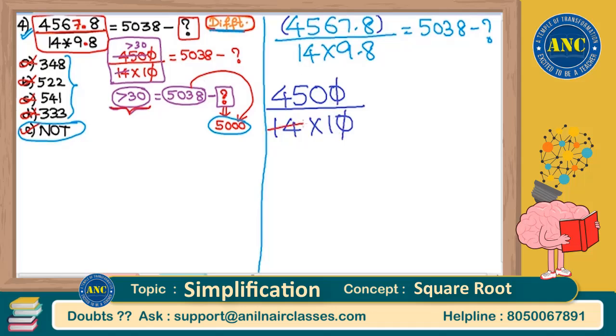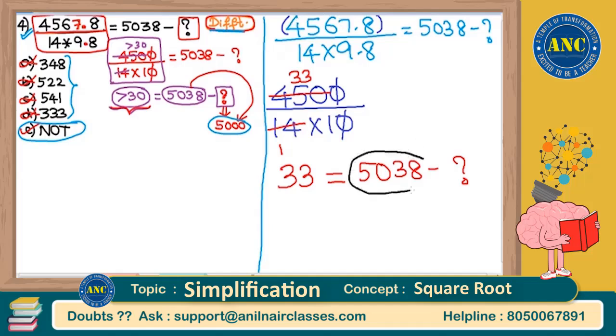14 into 1 is 14. 14 into 33 is about 450, right? Mahananda, my left hand side is 33. The right hand side is 5038 minus question mark. Now, Mahananda, please listen carefully, sir. If I subtract something from 5038, I should get 33.